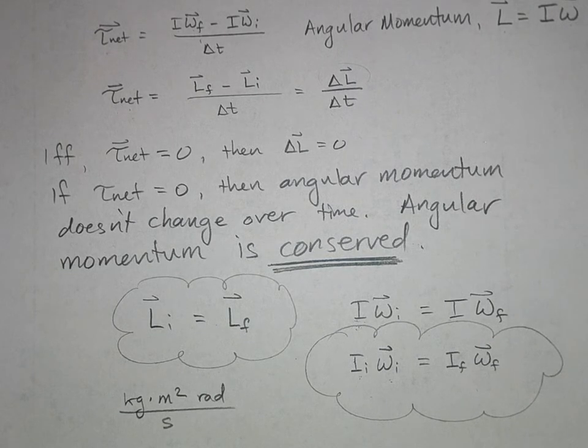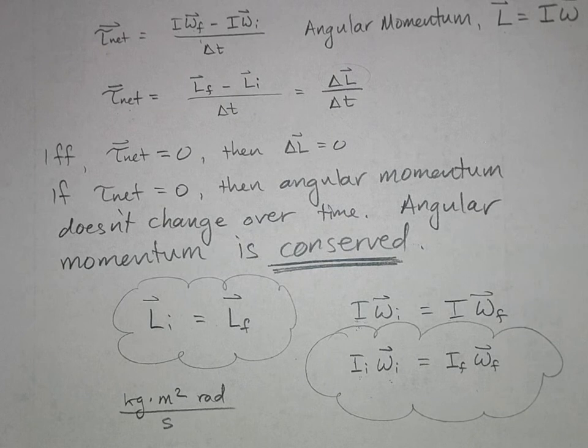Nobody really uses degrees per second, right? I've only seen radians per second or revolutions per second or revolutions per minute. So, these are the units for angular momentum.